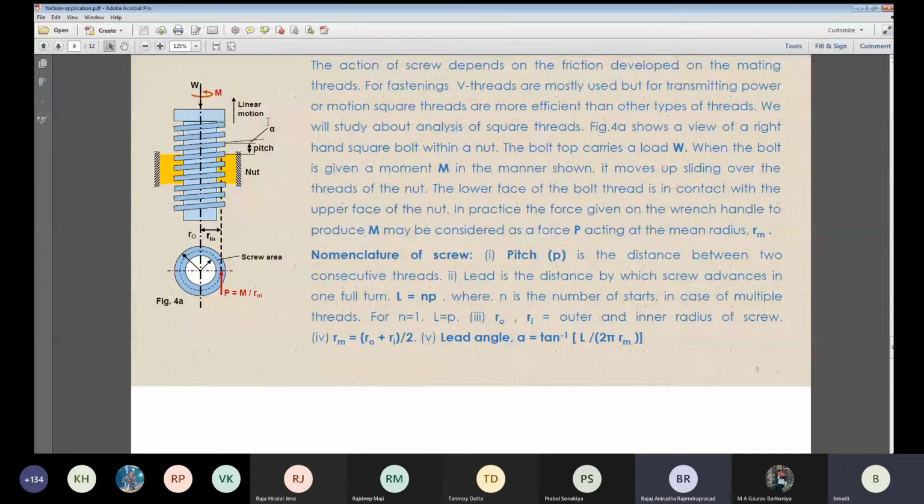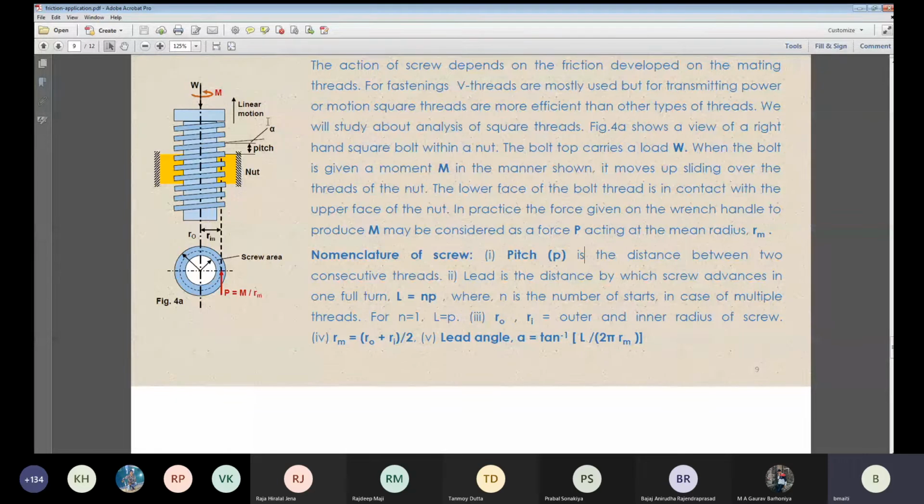Okay. So the threads are absolutely identical, but there are more threads in parallel to each other. So by one rotation, you are moving the linear motion, what I have given you here in this figure. The distance of the linear motion for a single thread is 1 mm. For 3 threads, it will be 3 mm.